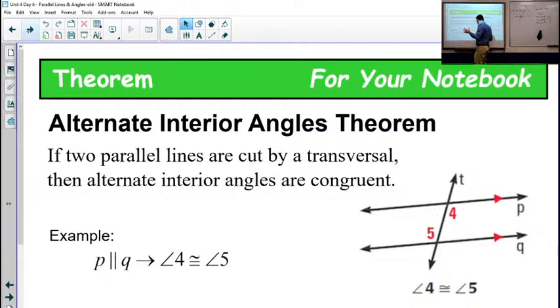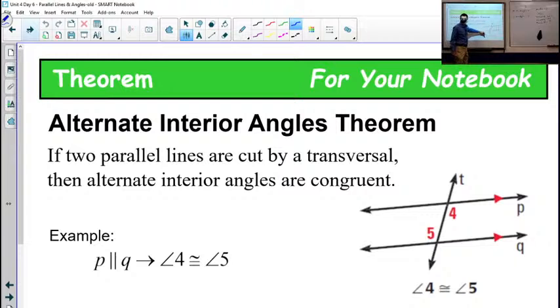Well, the reason that we say alternate is because if I look at my transversal, my line that's slicing through, they're on different sides of the transversal. One of the angles, angle 4, is on the right side of the transversal, and angle 5 is on the left side of the transversal. So they're on different sides of the transversal. Angle 4 is on the right, angle 5 is on the left. So alternates.